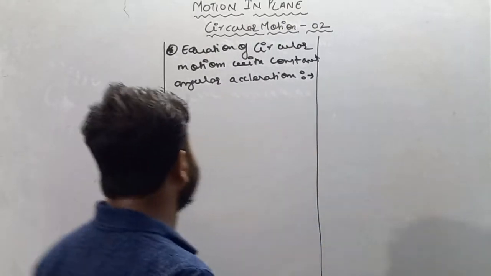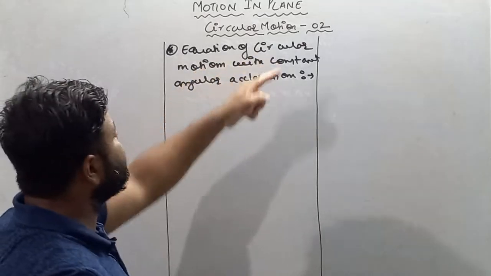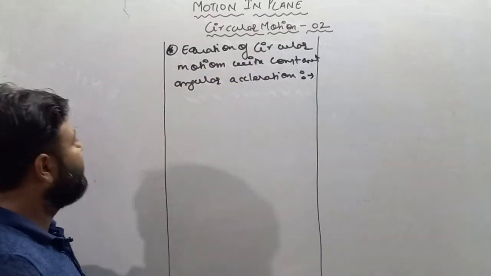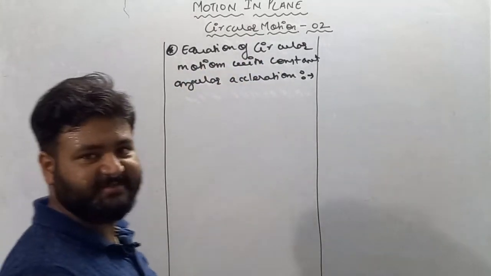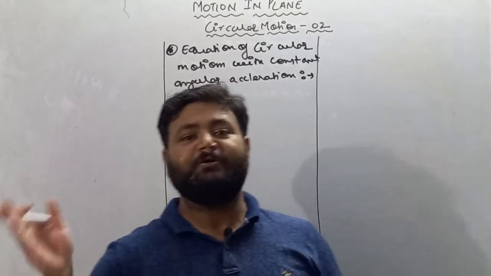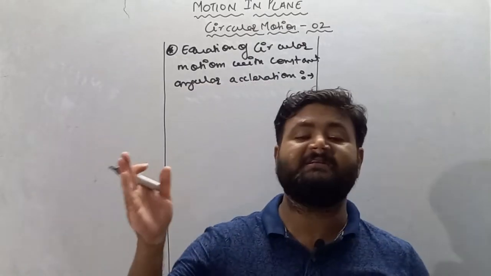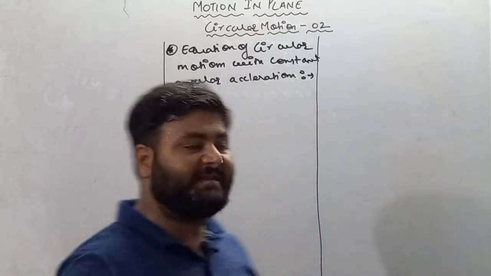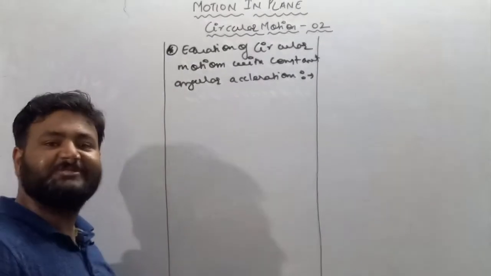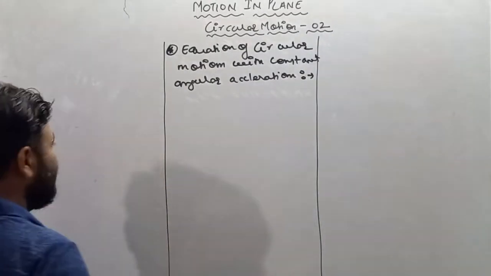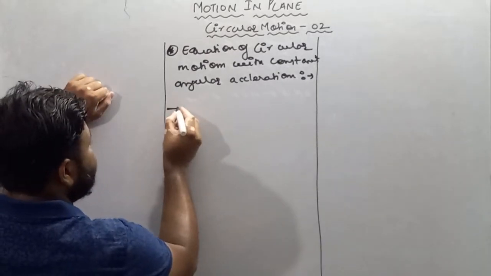So my dear student, here comes equation of circular motion with constant angular acceleration. In linear motion, we say acceleration is constant. Here we are keeping angular acceleration constant.